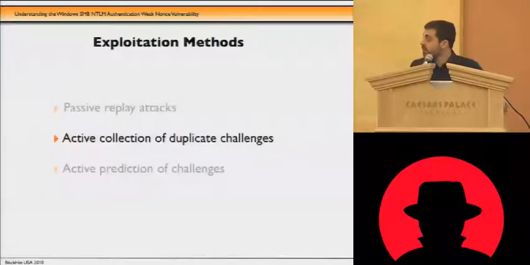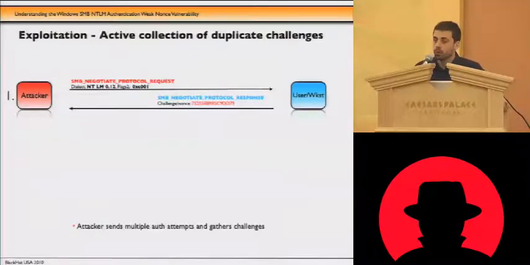So the next attack is called active collection of duplicate challenges. The idea is the same. We want to build a dictionary where you have the nonces and the corresponding responses. But in this case, instead of getting the responses by just looking at the network traffic, you're going to force the client to give you the responses. So basically, the first thing that you do is you connect over and over again to the victim.